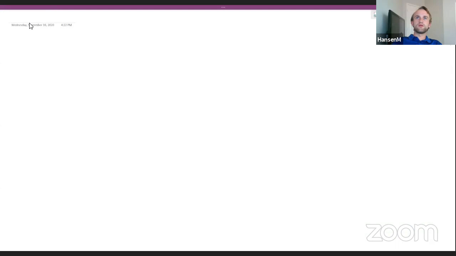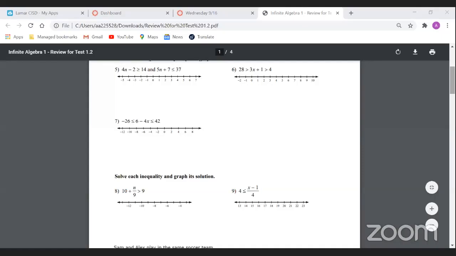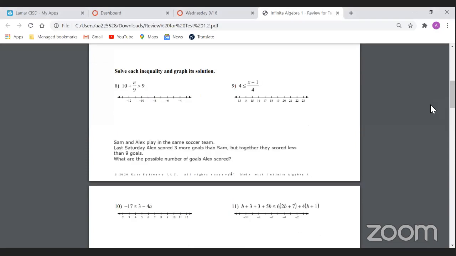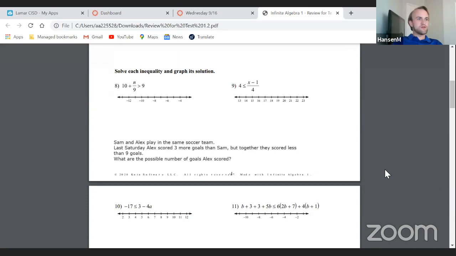Do we want to work through another one? Okay. All right, let me stop my screen share. Is there any of these in particular that you want to do?